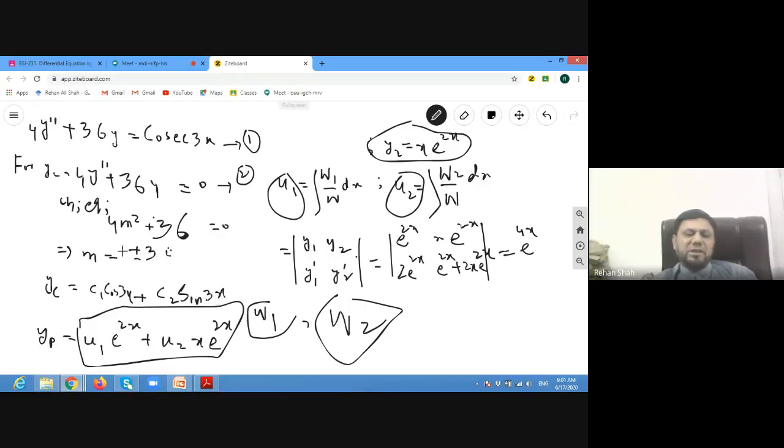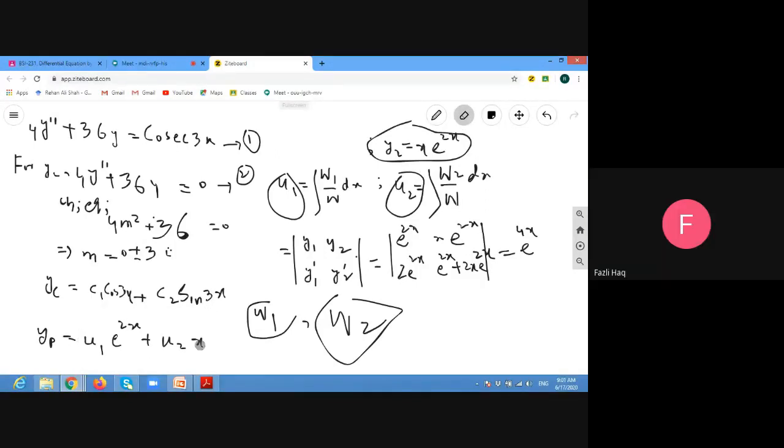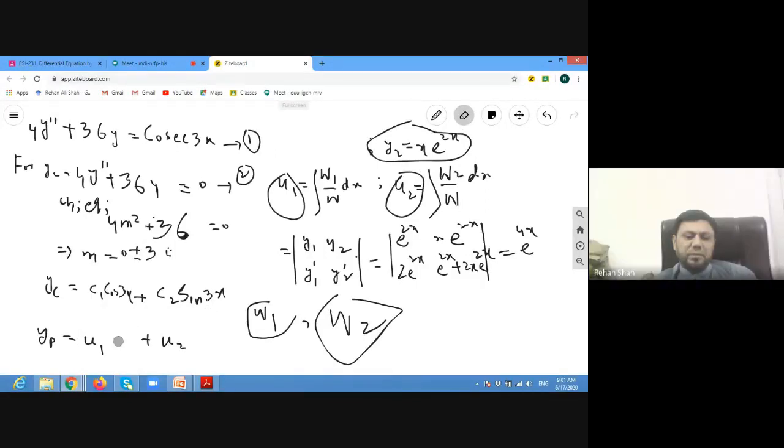Alpha is 0 in this case actually. So e power 0 is 1. Remember? Is it clear? Yes, sir. So what is yp? This is u1 cos of 3x plus u2 sin of 3x.